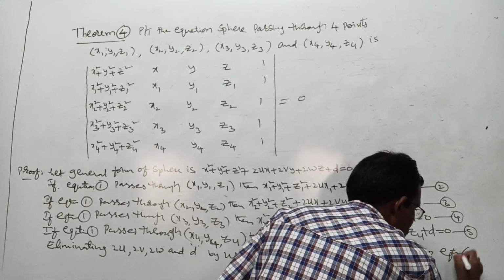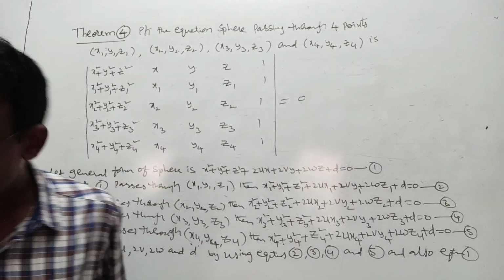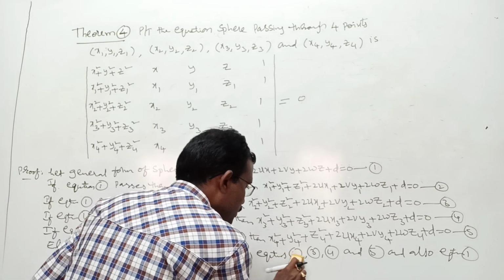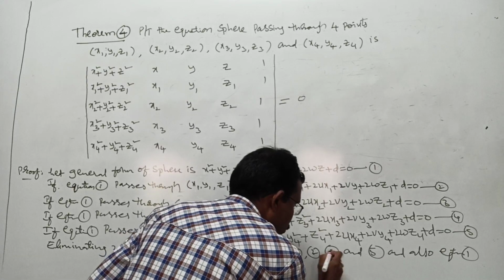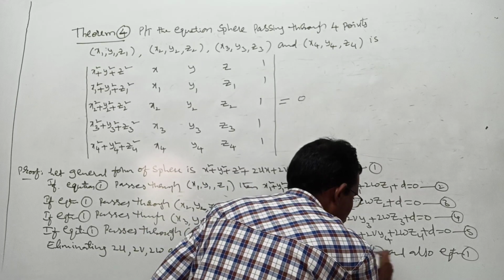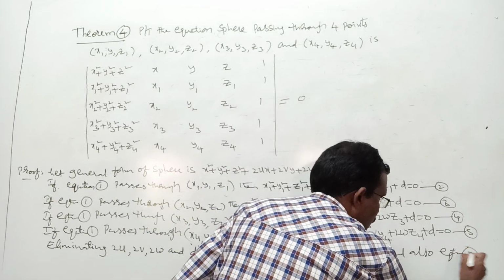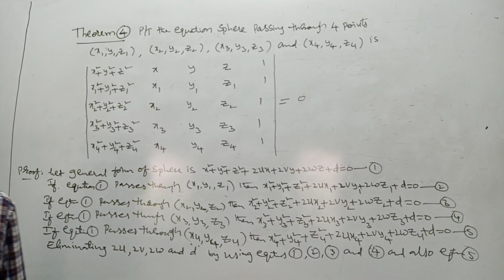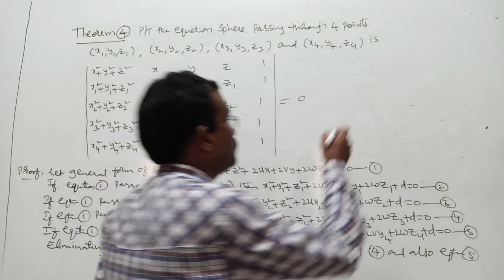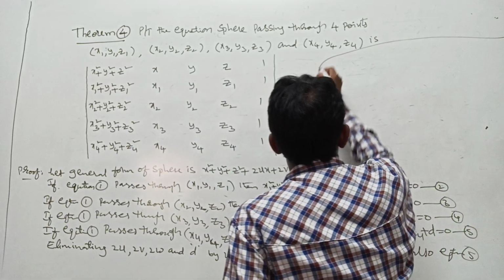That means, I am writing in the proper order, by using equation 1, equation 2, equation 3, equation 4 and equation 5, let us eliminate 2u, 2v, 2w and d by using the matrix determinant process. How can we eliminate them?